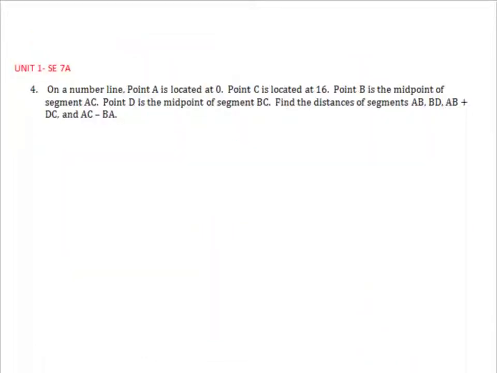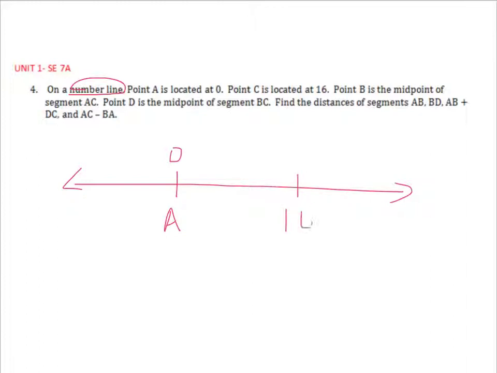All right, so this one says on a number line, point A is located at 0. So if it tells you on a number line, that tells you you need to draw a number line. Point A is located at 0, so here's A at 0. Point C is located at 16.